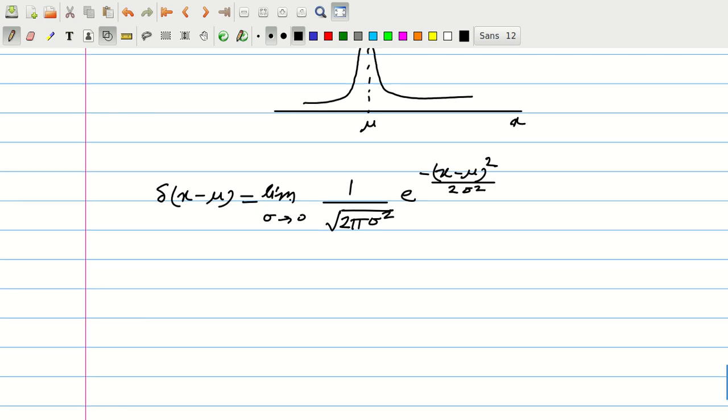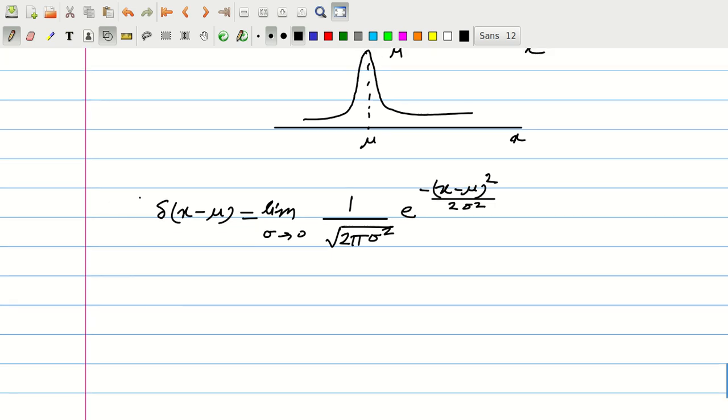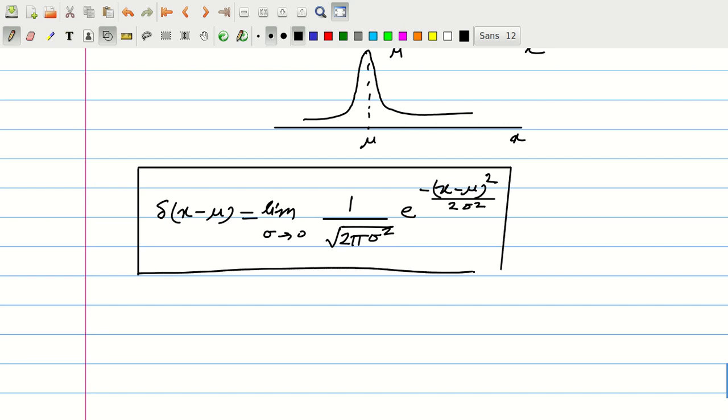So, there is an impulse occurring at x equal to mu. The advantage of this representation is that it is a smooth function and therefore infinitely differentiable.